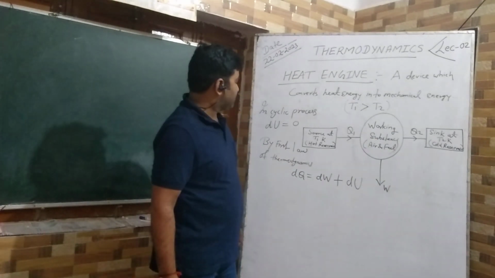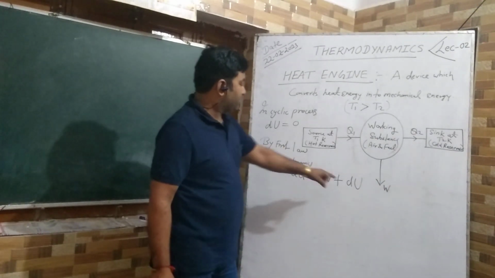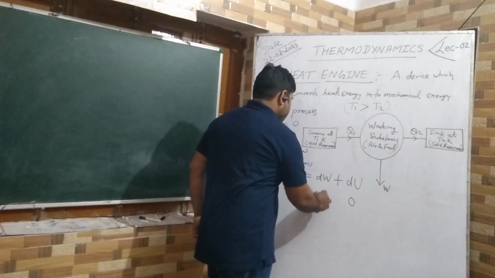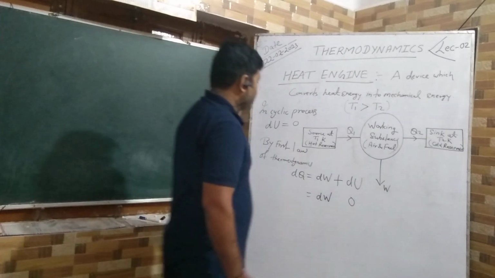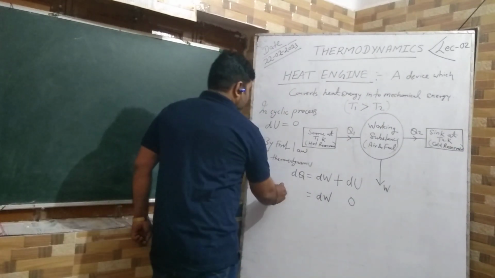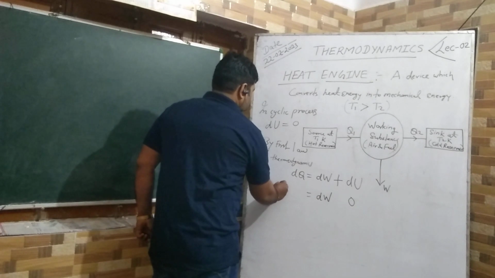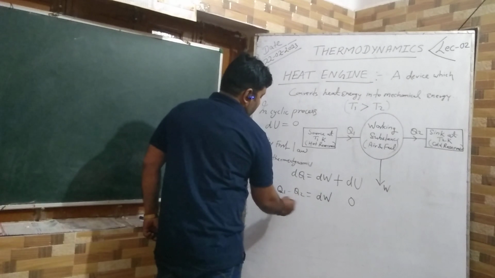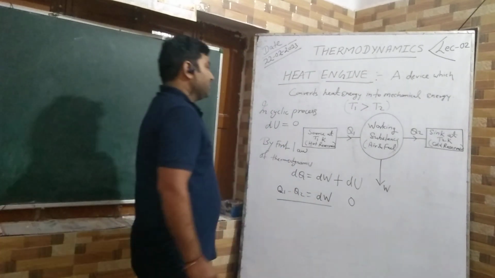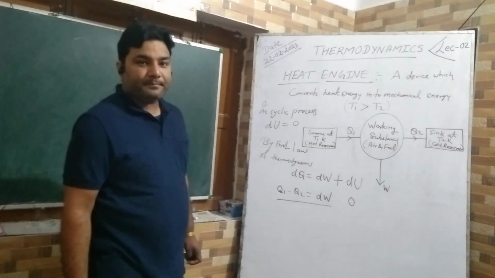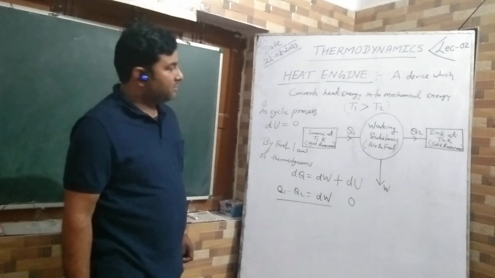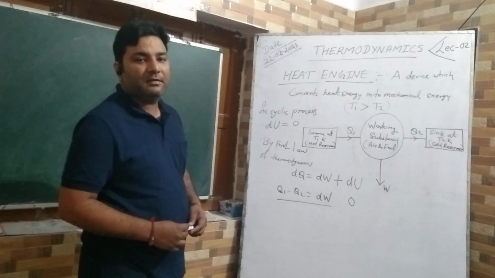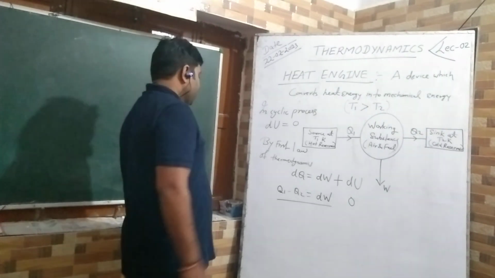And then let's see, dU is equal to 0, and this is the dW, and this dW is equal to what? dQ is Q1 minus Q2. This is the work done here. And how to find out the efficiency of the heat engine? Very important.